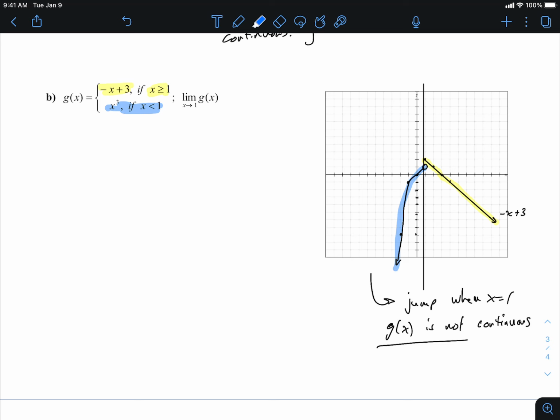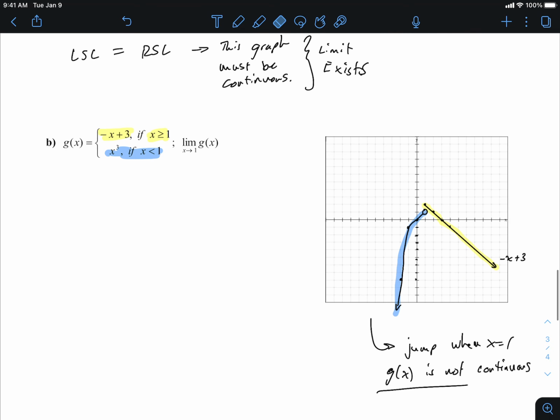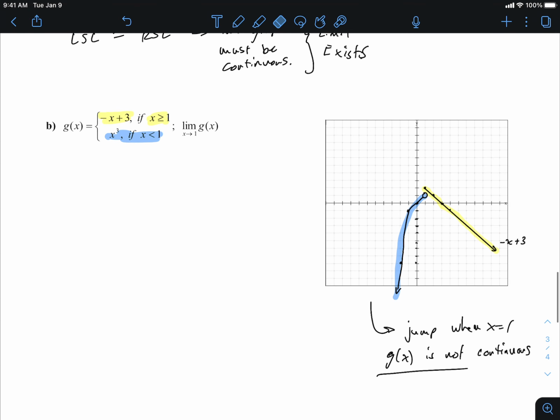Okay? So we know from the graph that this is not a vertical asymptote, and you could erase that after, it's just helping me. It kind of looks like a vertical asymptote, and it's not, okay? And people will have an issue with that. It's just helping me visualize and come up with which part of the graph is the left side limit and which part is the right side limit, okay?